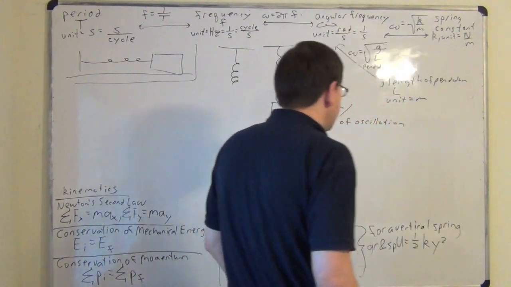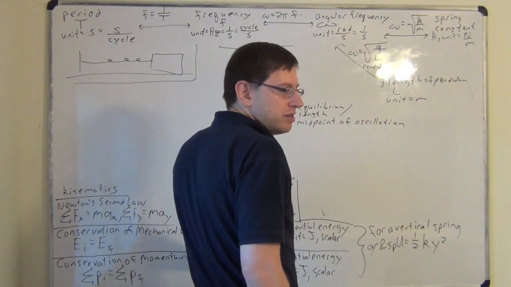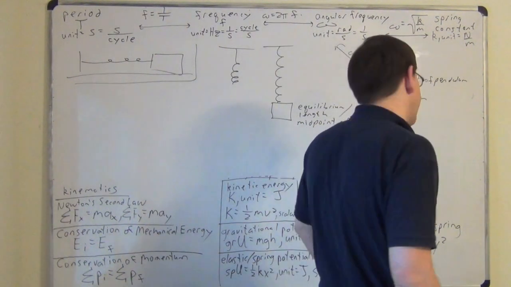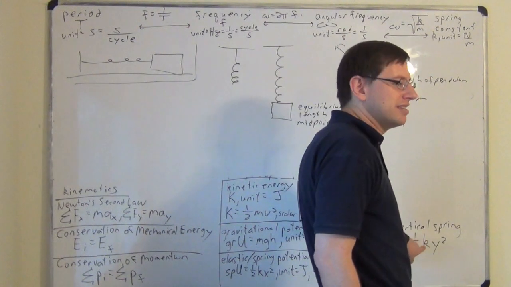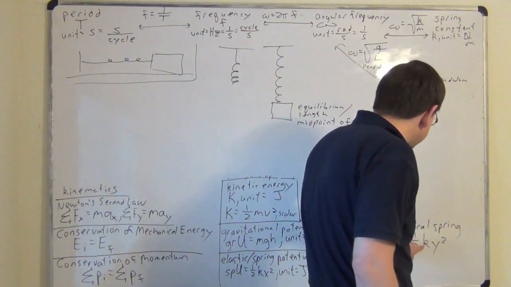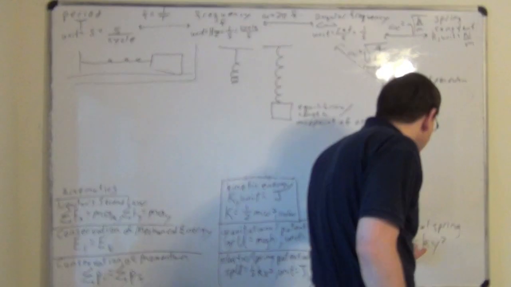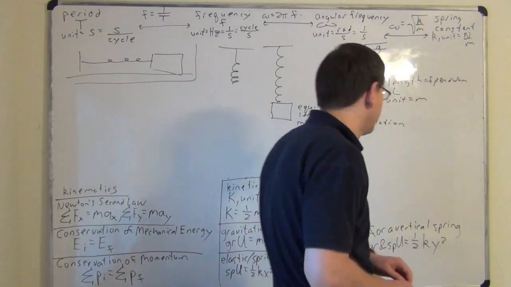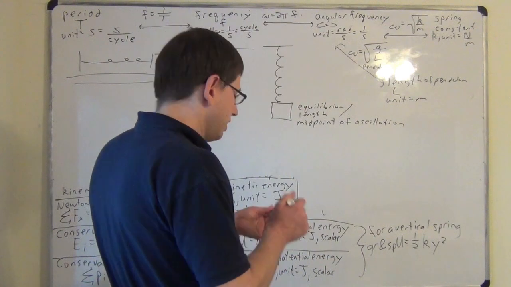So here's the point. Even for a vertical spring, we still don't need this equation because it's actually included in this new formula. It's not obvious that it is, but if you did the math, you could see that it is. What's this stand for? Spring constant. And what do you think this stands for? The displacement from equilibrium. Yeah.